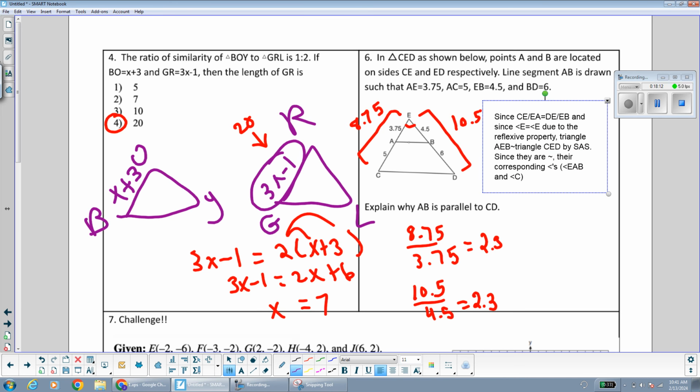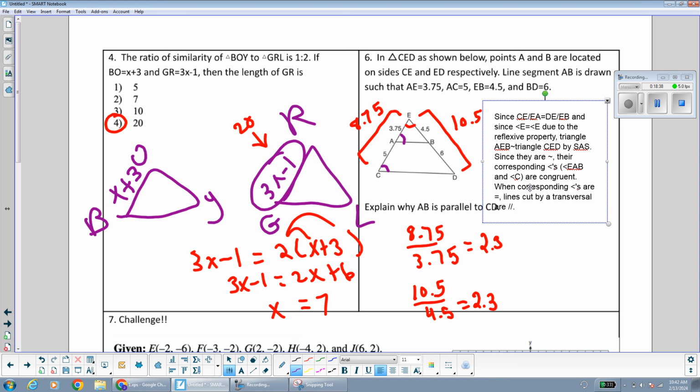That is this one and this one. I just chose those. Are congruent. When corresponding angles are congruent, lines cut by a transversal are parallel.